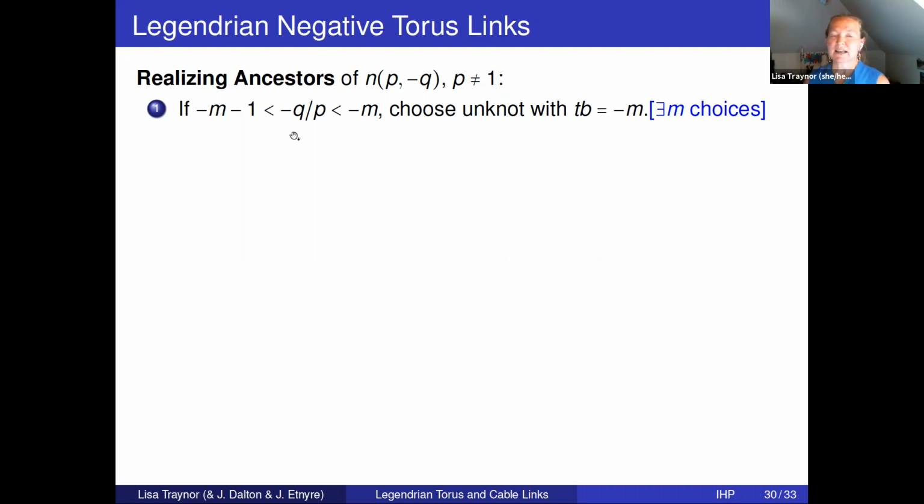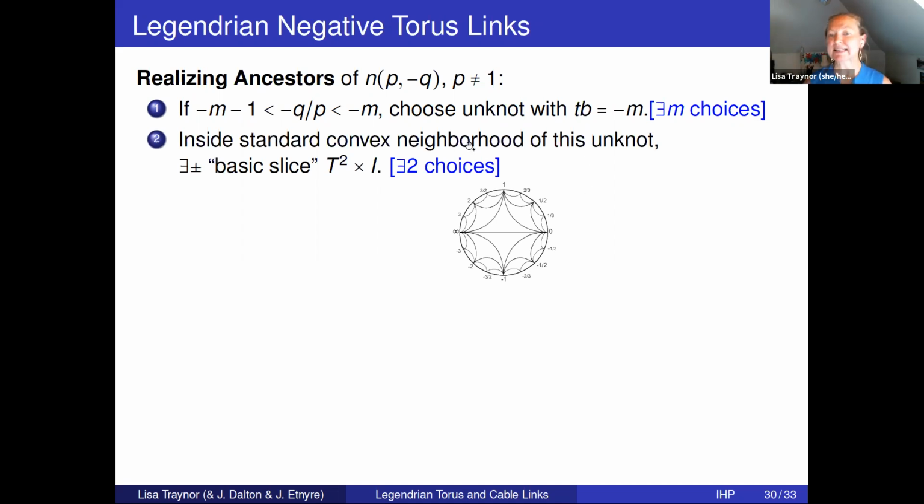So first, depending on the slope, minus Q over P, if it's between minus M and minus M minus 1, I would just start by choosing an unknot, the TV minus M. And there's going to be M choices there. And then inside a standard convex neighborhood of this unknot, there are these basic slices. If you're familiar with the Farey tessellation, I think of a basic slice as 2 points in the Farey tessellation that are connected by a geodesic.